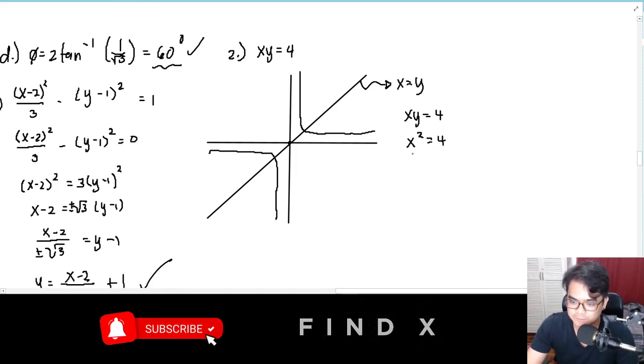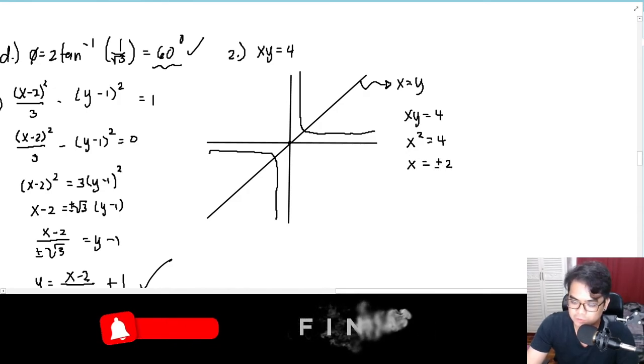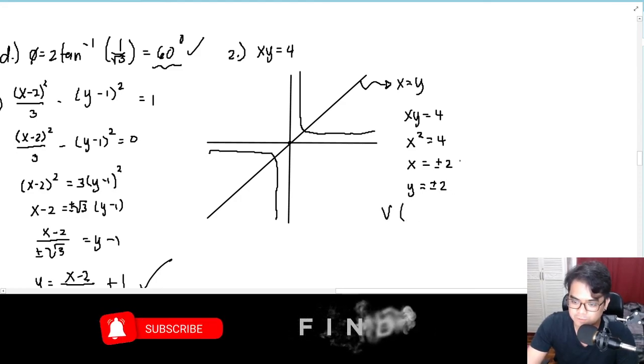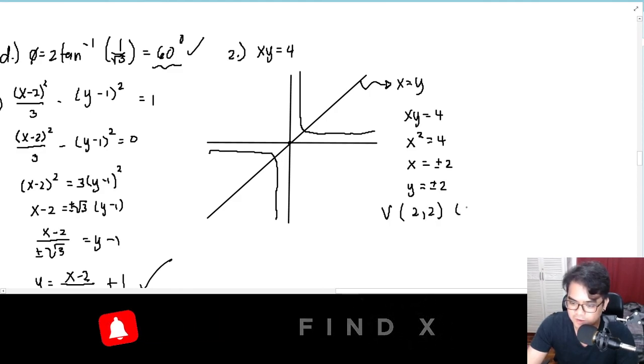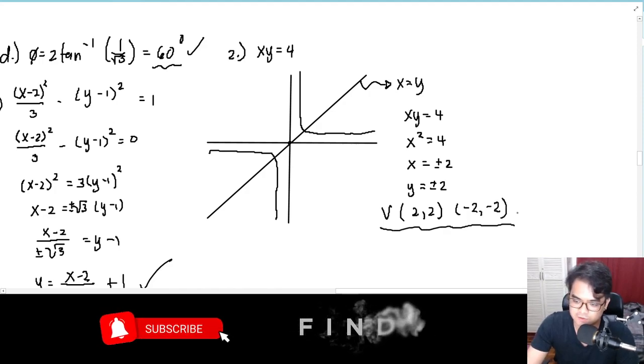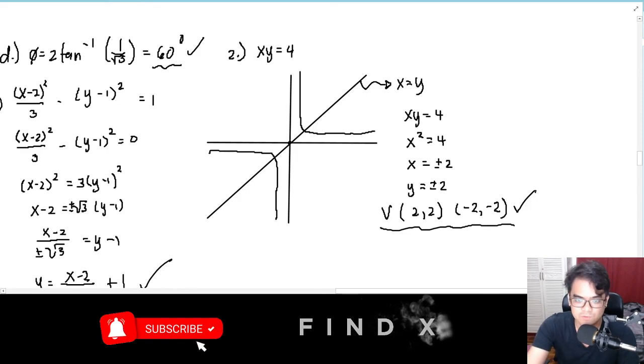So x equals positive or negative 2, and y will also be positive and negative 2. Therefore, the vertices will be (2, 2) and the other vertex is (−2, −2). So this will be your answer. Okay, let's move on to the next topic.